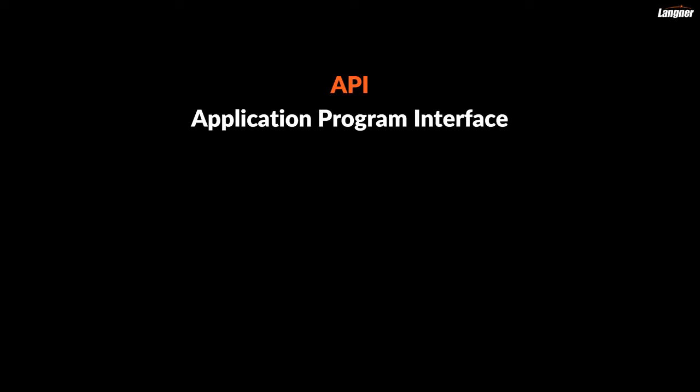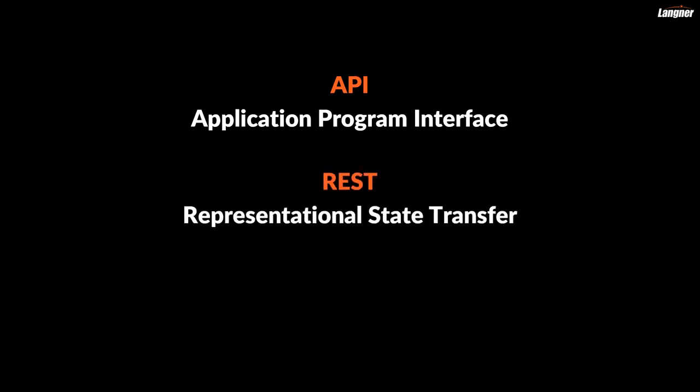APIs used to be proprietary, arcane, and cumbersome, but web technology has changed the landscape completely. The undisputed standard for exchanging data between web applications is the REST interface, which is an acronym for Representational State Transfer. The important thing about REST is that it uses the HTTP protocol that all your web applications speak anyway.